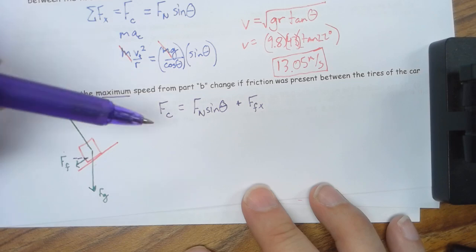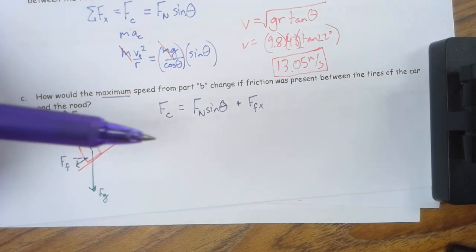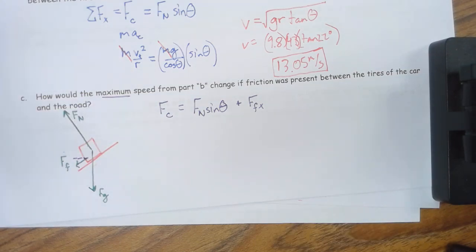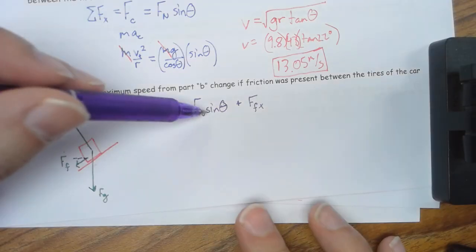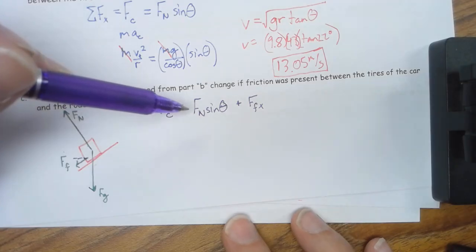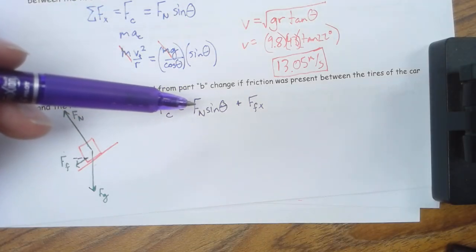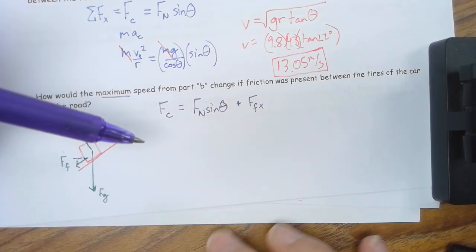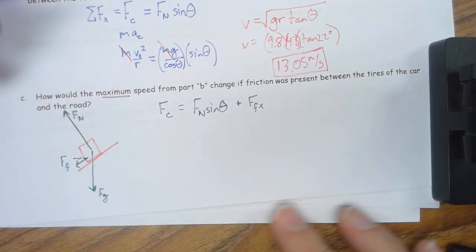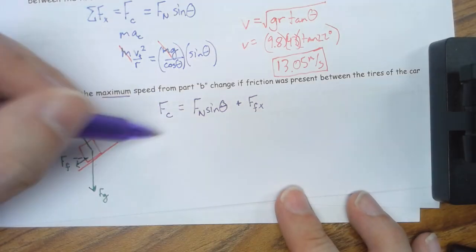Anyways, this one I would write out in words. The maximum speed would increase because the component of friction in the x direction will add to our Fn sine theta, right? So the force normal's side-to-side component as well to create a bigger centripetal force.